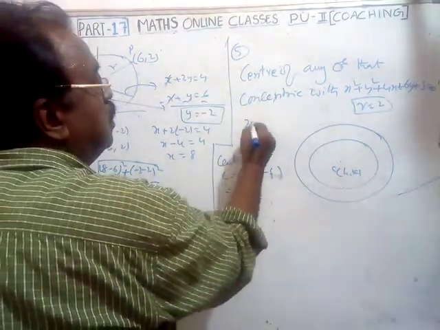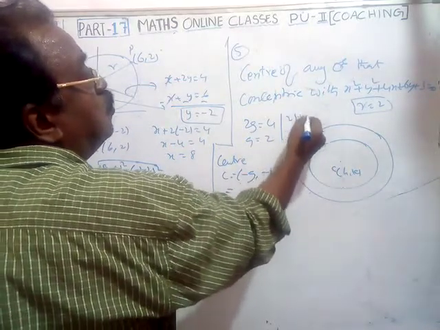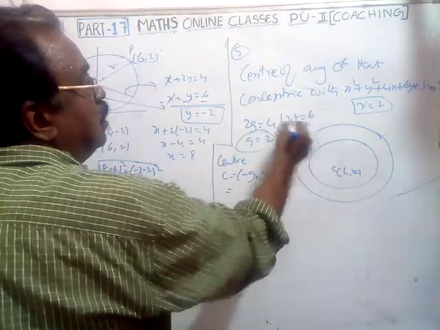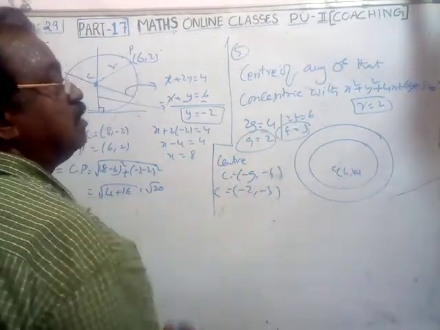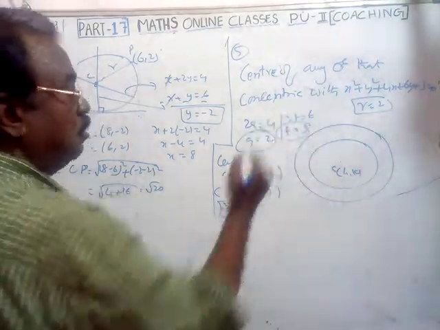What is 2g? 4. G is equal to 2. What is 2f? 6. F is equal to 3. So minus 2 comma minus 3 is the center. And r is 2, given.